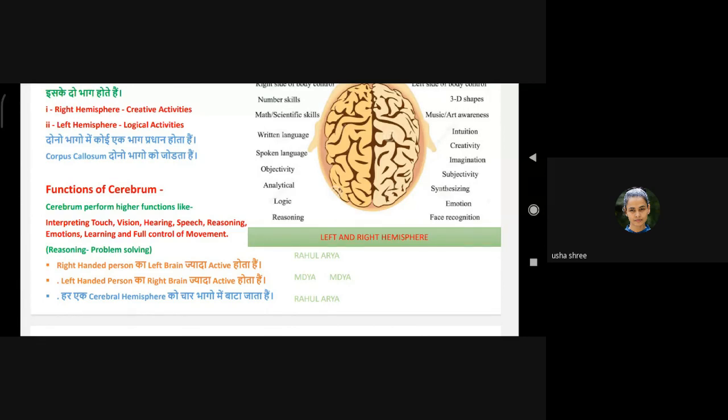So right-handed persons have the left cerebrum more active in comparison to the right cerebrum, and just the opposite in the case of a left-handed person, who has the right brain more active in comparison to the left brain.